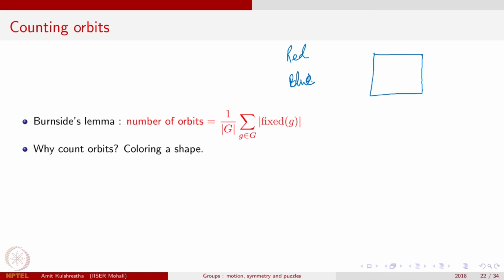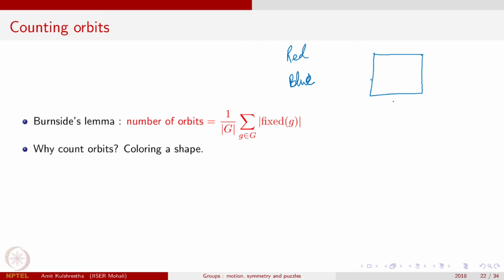So each edge, each side of this can be colored either red or blue. There is a possibility where all four are red, there is a possibility where all four are blue.